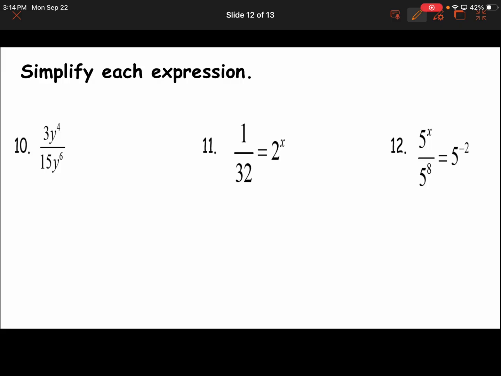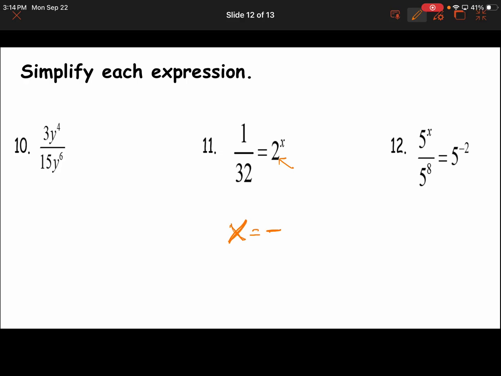Let's talk about 11 first. Some of you are like, I'm not done with 11 yet. 11 and 12 are way easier than 10. Okay? If I have 2 to an exponent and I want a fraction, what does that tell me my exponent has to be? What kind of number? It's got to be a negative. Does everybody follow that?